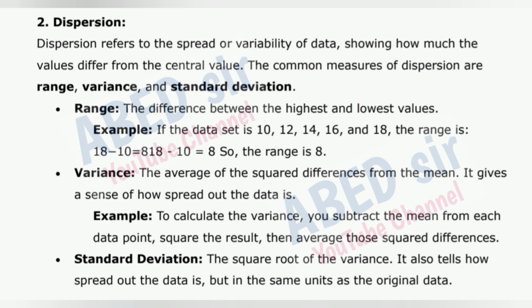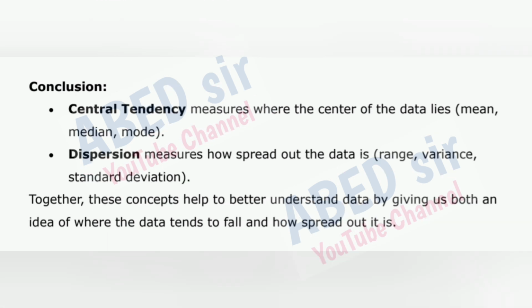Example, to calculate the variance, you subtract the mean from each data point, square the result, then average those squared differences. Standard deviation, the square root of the variance. It also tells how spread out the data is, but in the same units as the original data. Conclusion.